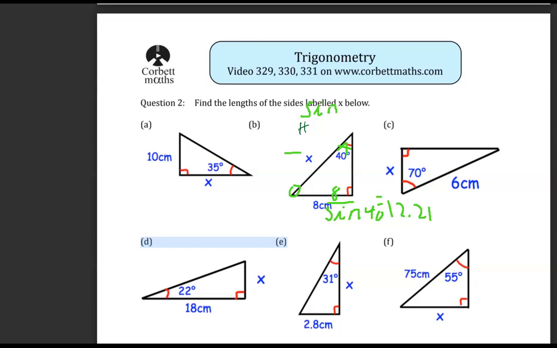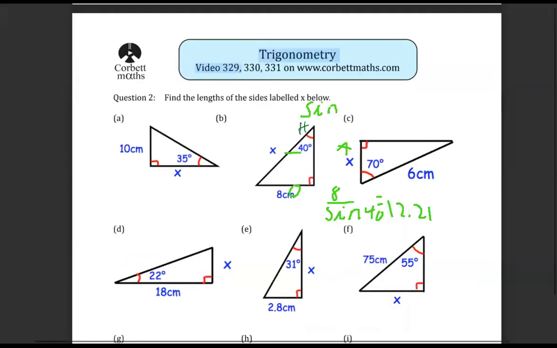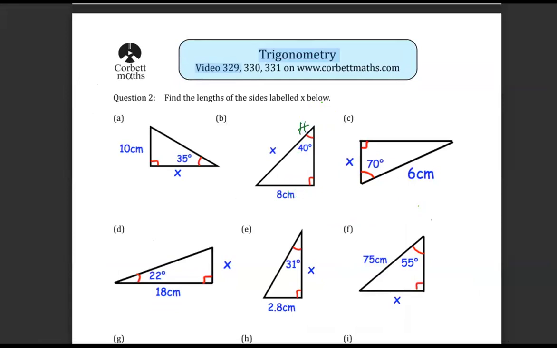Is that right? It's 12.45. Well, I think maybe I've made some mistake in the rounding. Okay, can you try C now? If you can get C right, that is fine. Try C, please. If you can try C without any of my help, make sure you figure out those sides yourself.